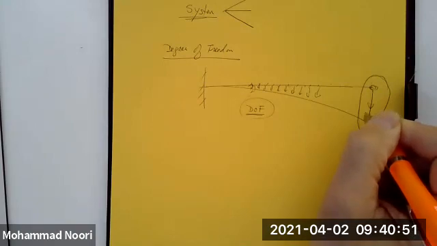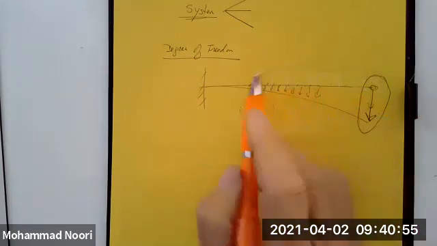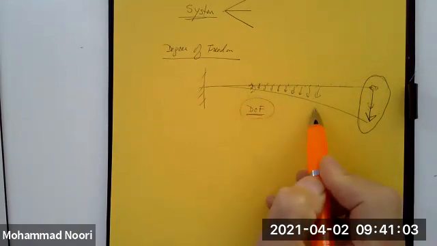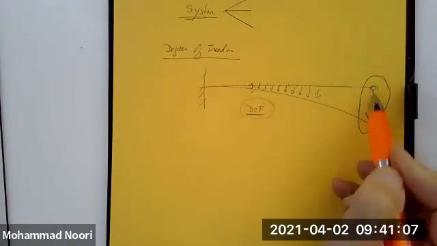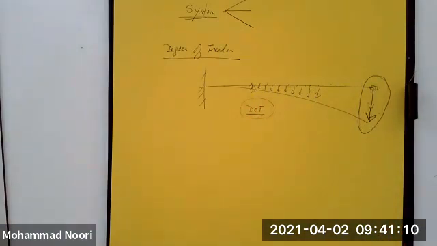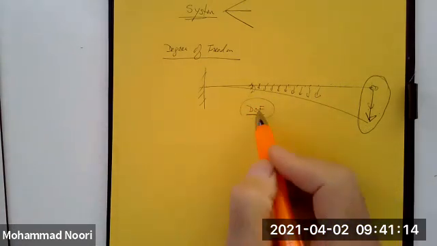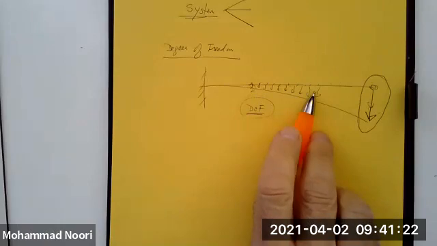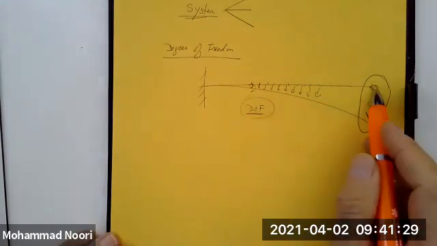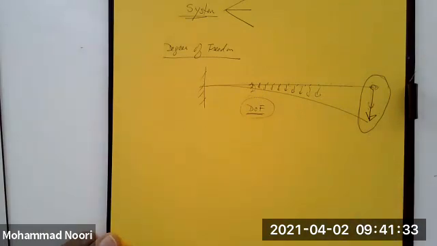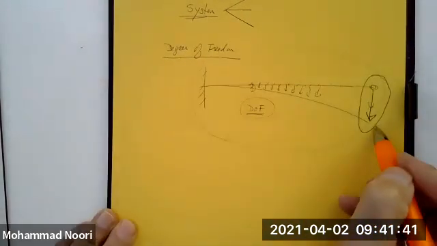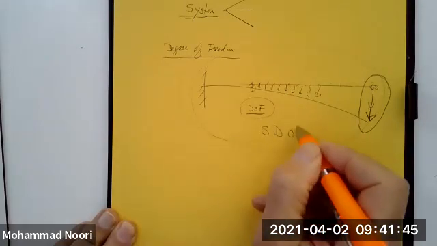If I can find a relationship between the direction of the motion of these individual masses and the motion of this single point at the tip of this beam, or in other words, I can represent the motion of every single part of a structure with the motion of a single degree of freedom, we can say that this structure can be represented by a single degree of freedom.